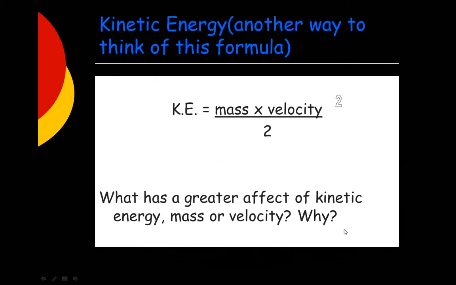Here's another way you'll see this formula: one half m v squared. Which has a greater effect on energy, mass or velocity? As I just said, velocity has the greater effect because velocity is squared. So in this formula, the movement of the item has a greater effect on the kinetic energy.